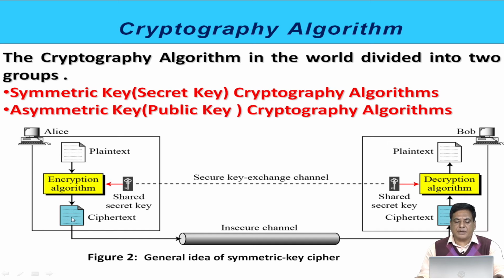We transfer the ciphertext over an insecure channel. Similarly, at the receiver end, Bob performs the deciphering function with the help of the ciphertext as well as the key, and converts the ciphertext back into the plain text. We assume that Alice and Bob exchange the key using a secure key exchange channel.